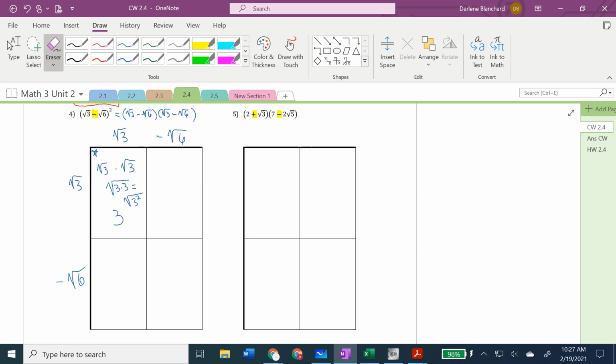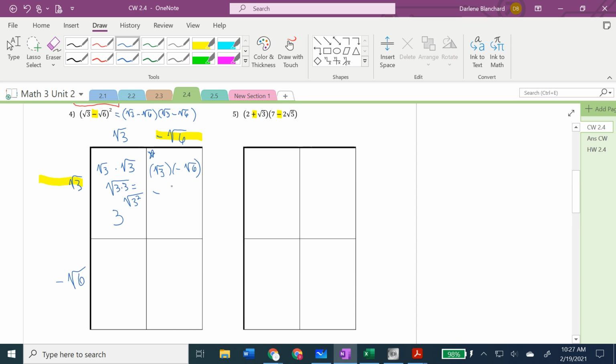I'm going to erase the star that I drew so that I can star the next box. So the box that I've starred now, I am going to multiply root 3 and negative root 6 to get what is in this box. The negative sign is outside of the square root, so I keep it outside the square root.